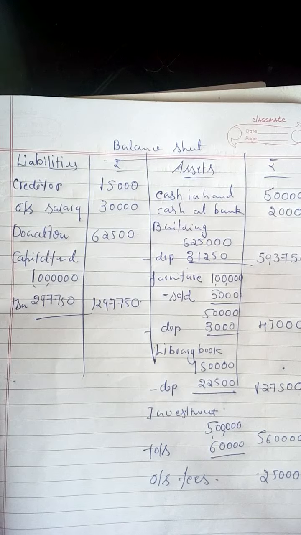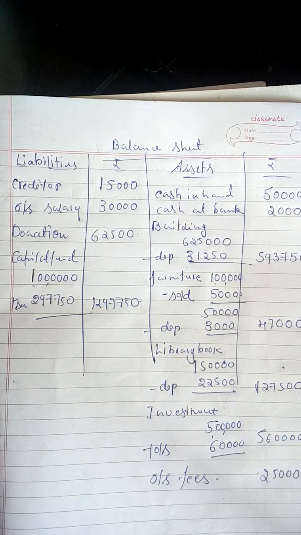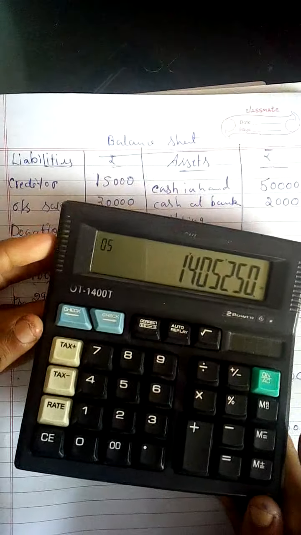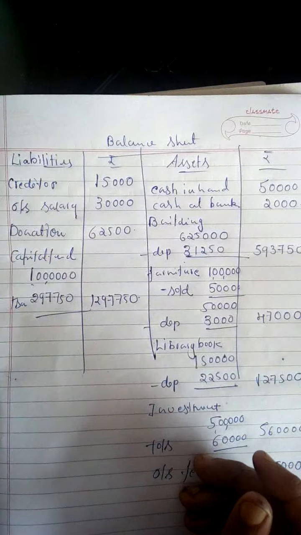Now we need to see the total, whether both are tallying or not. 1,29,000, 12,97,750. So I'm getting the liability side total as 14,05,250.